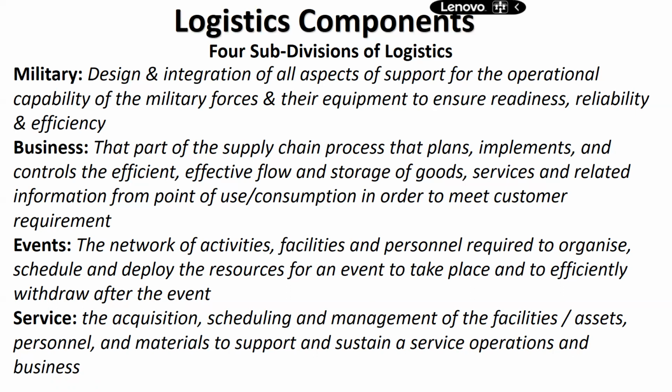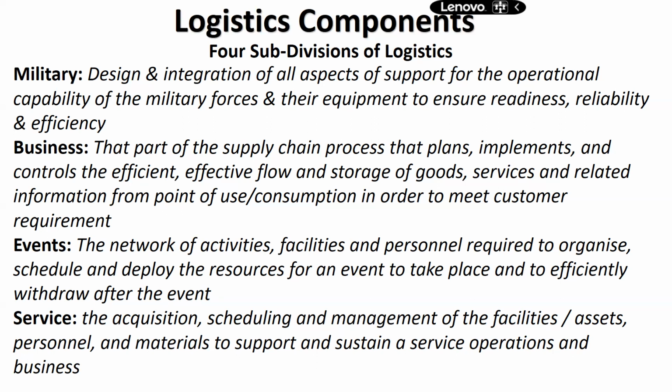But watch, it said it's part of that supply chain process that plans, implements, and controls the efficient, effective flow and storage of goods, services, and related information from the point of use. It didn't say from the point of sourcing. You get it?